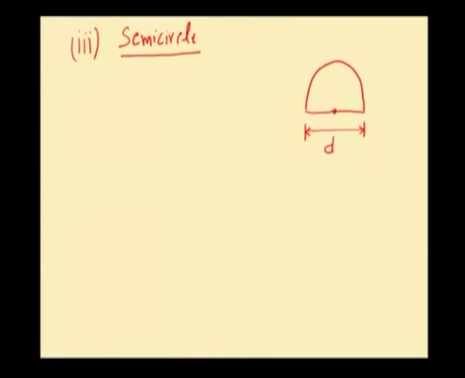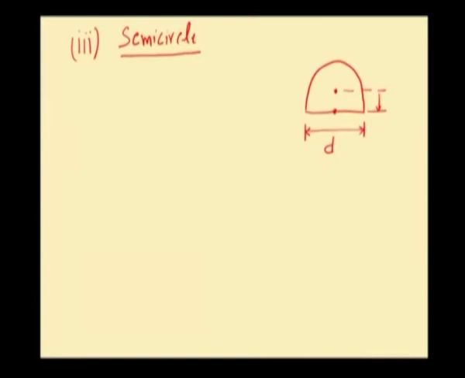The CG of this semicircular section will be located at a distance of 4r divided by 3 pi right above the midpoint of the base of the semicircle. So, this is the CG. The distance of CG from the base will be equal to 4r by 3 pi and the CG will be right above the midpoint of the base.